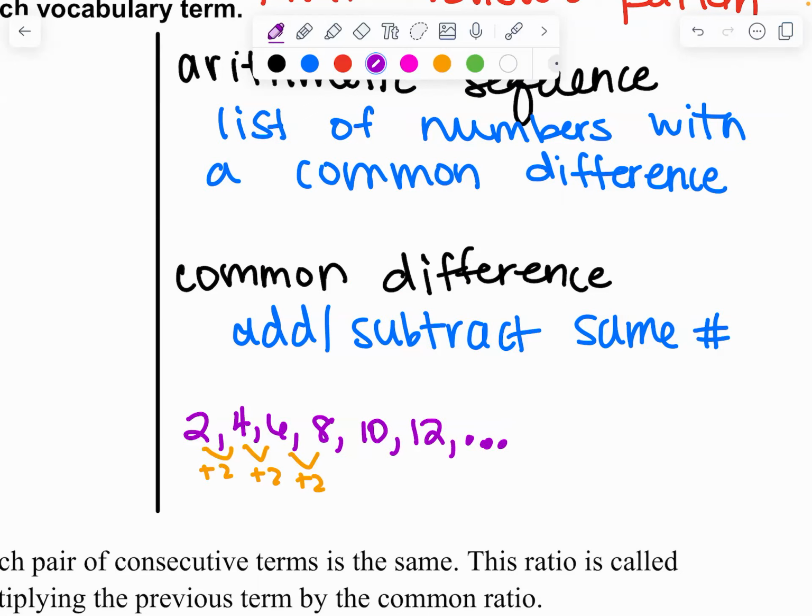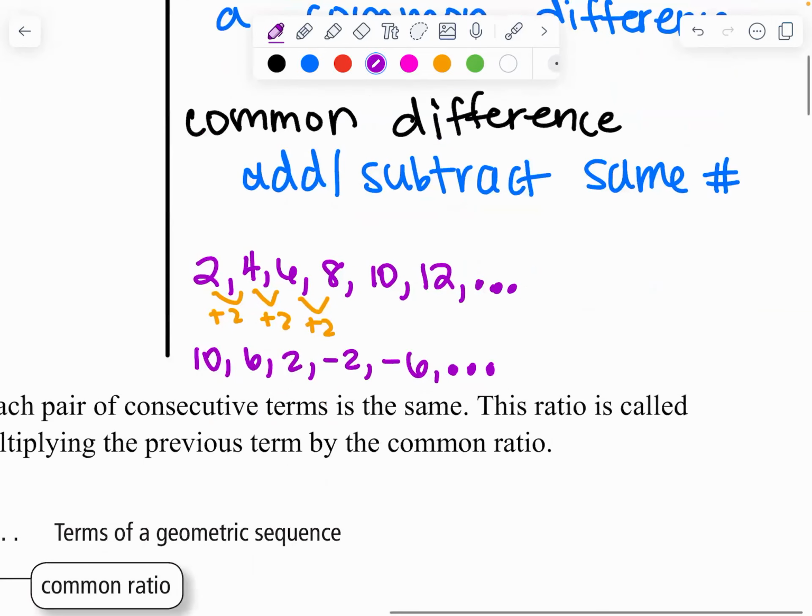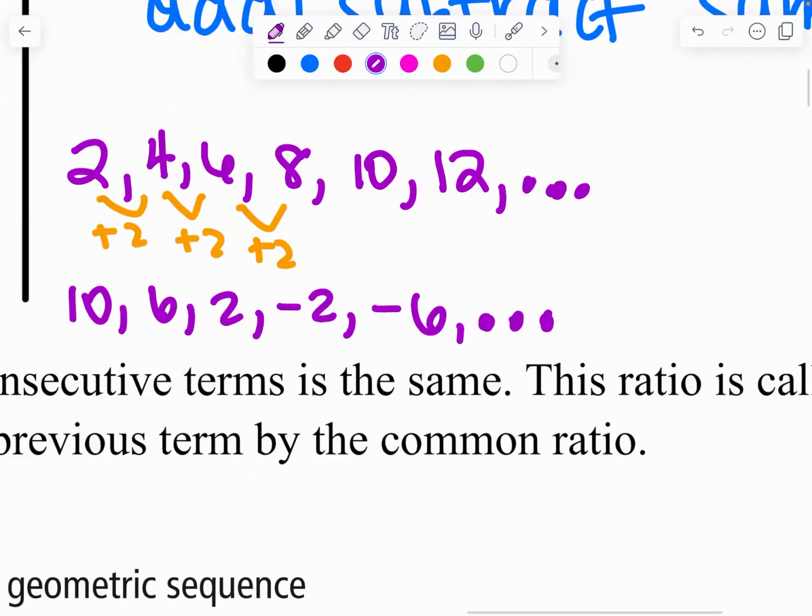Also, this is an arithmetic sequence. Why? It's minusing 4 every time.